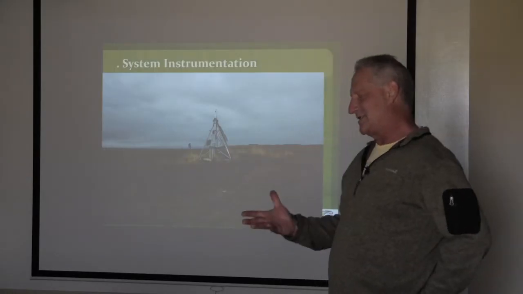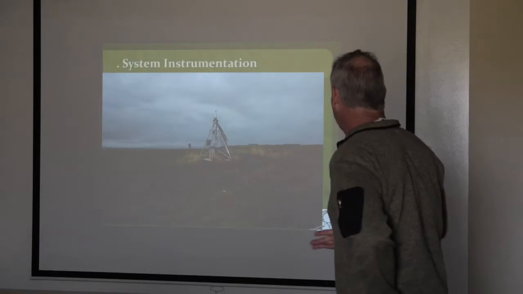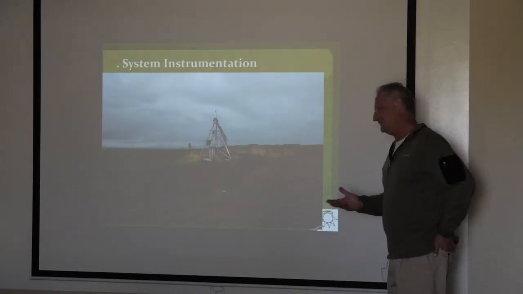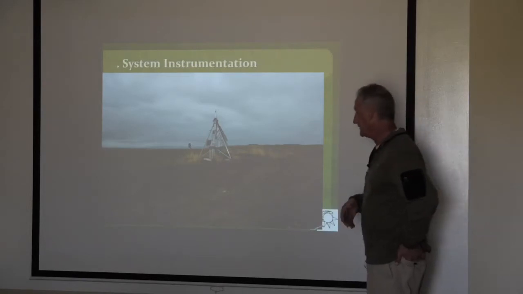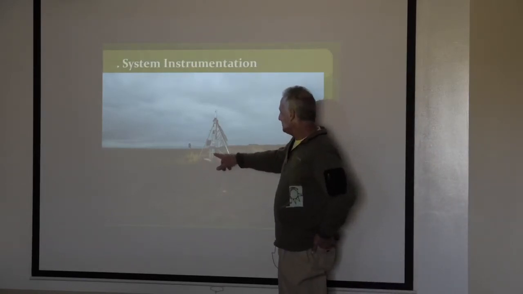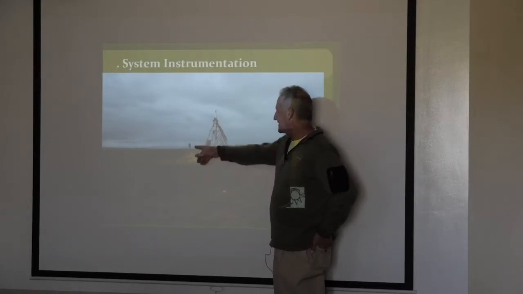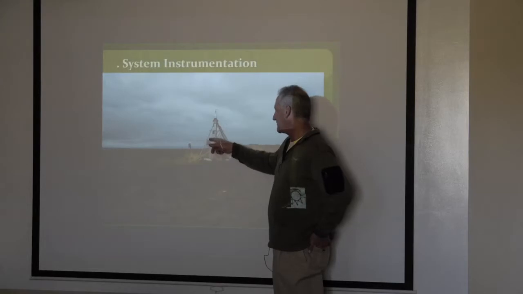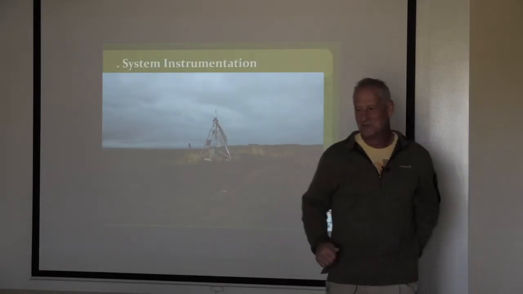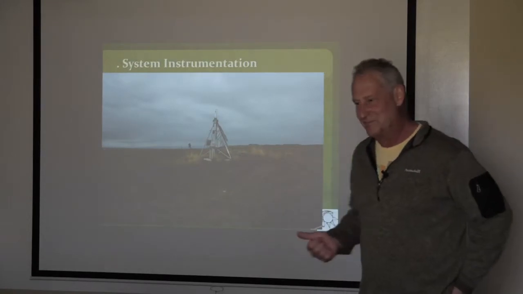Just real quick on system instrumentation, you can't really see the slide because of the media. But this has a little telemetry system on it. Solar power, it's got a little solar cell on it, and so you can measure moisture.